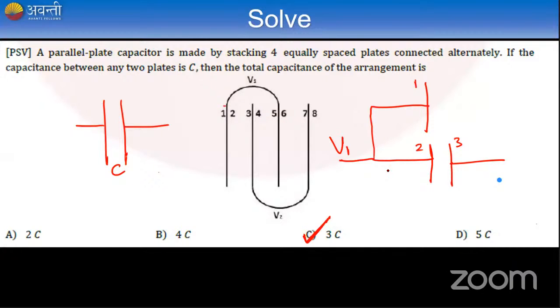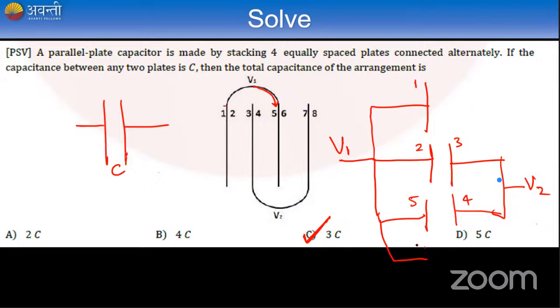So I'm connecting plate 5 to V1. Next, plate 6 is connected to V1, and plate 7 is connected to V2, and also plate 8.